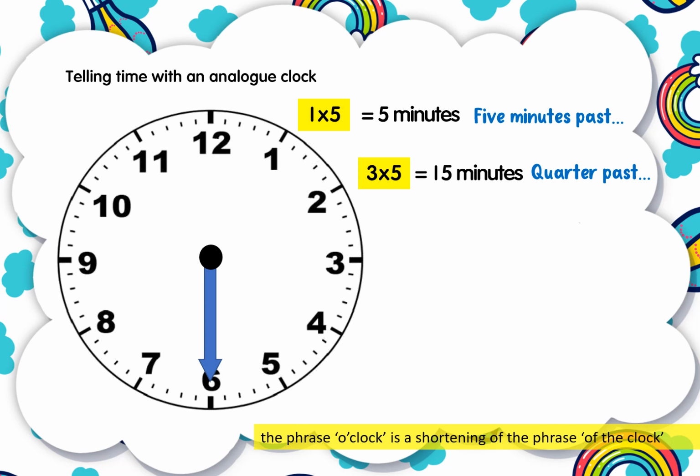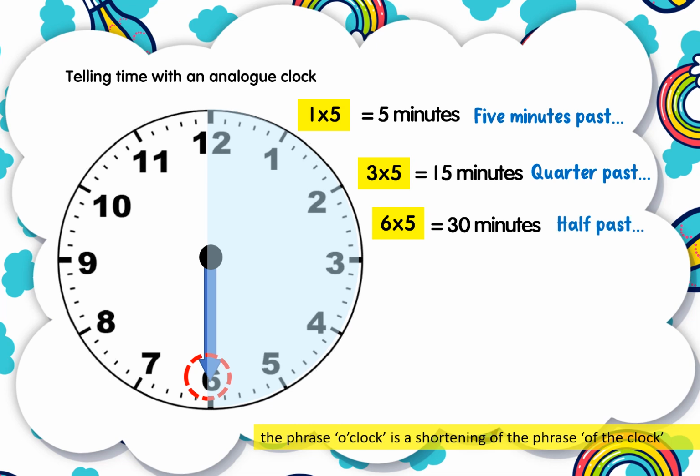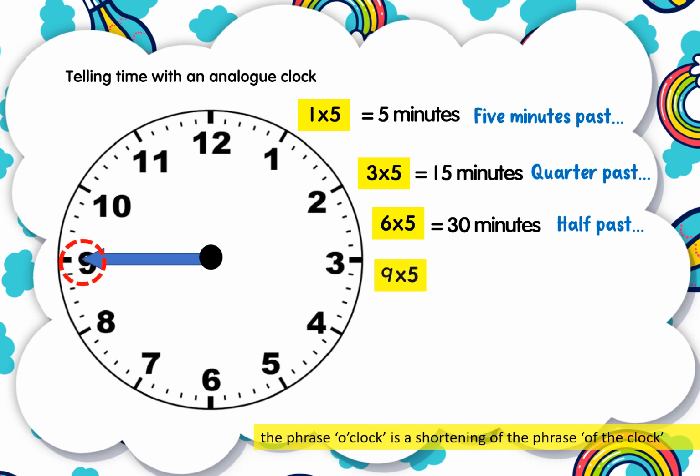When the minute hand points to number 6, 6 times 5 equals 30 minutes, or we can say it is half past. When the minute hand points to number 9, 9 times 5 equals 45 minutes.